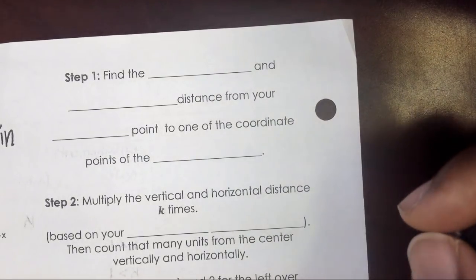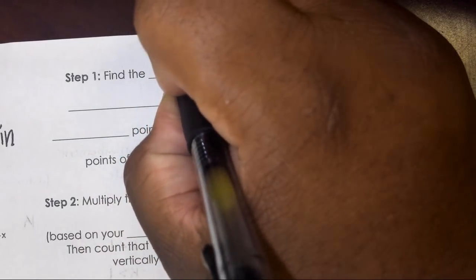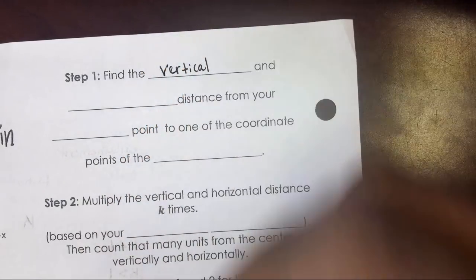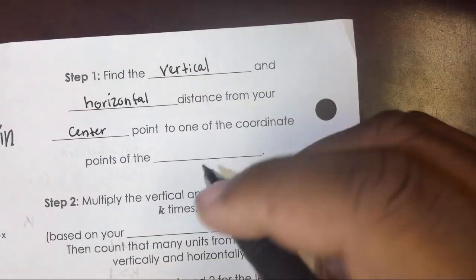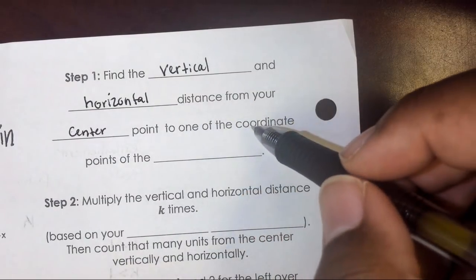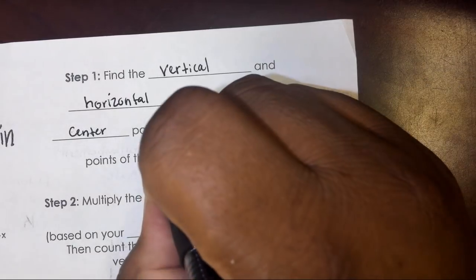Step 1, find the vertical and horizontal distance from your center point to one of the coordinate points of the pre-image.